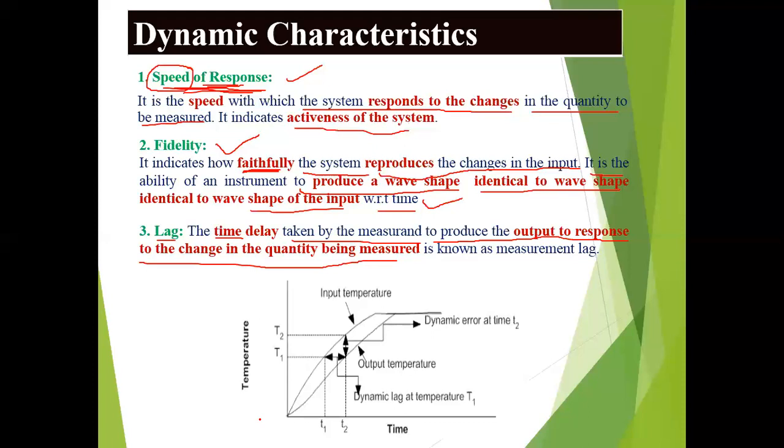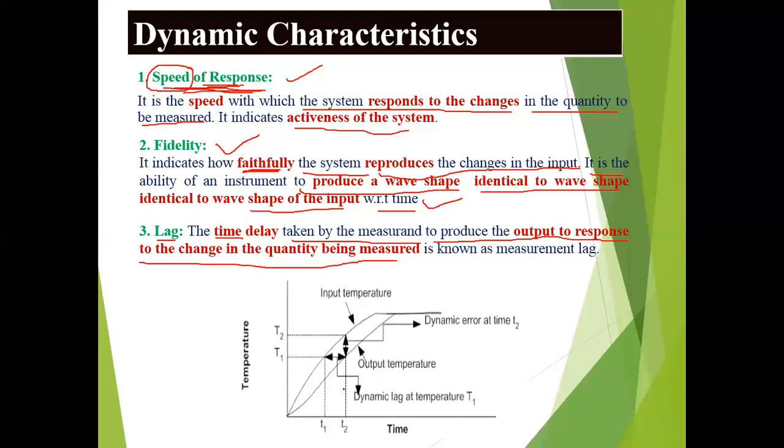That is nothing but lag. For any instrument, it will take some time delay. The time delay should be as little as possible. Then only we can say the instrument is reliable.